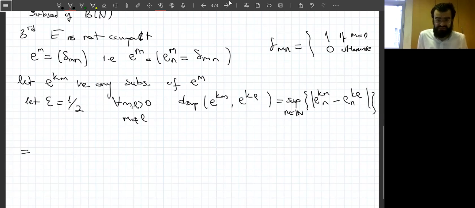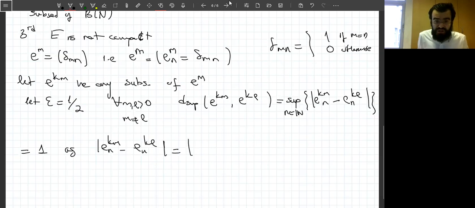This is, in fact, if m is not l, equal to 1.